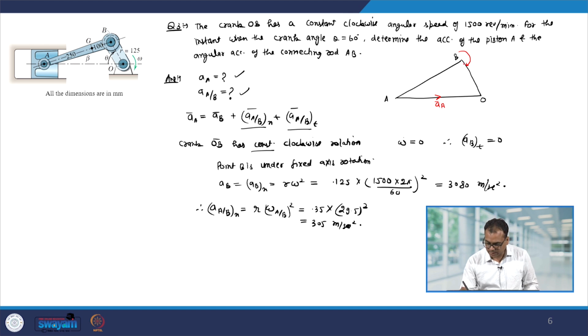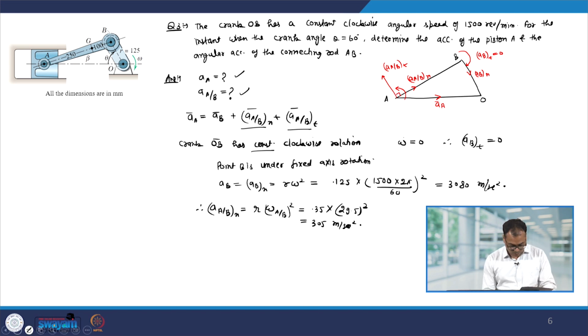So, therefore, the direction of A_B N will be towards BO, and there is no A_B T. To point B, point A is rotating in the anti-clockwise direction and the component of A_ABN will be along AB and A_ABT will be perpendicular to AB.